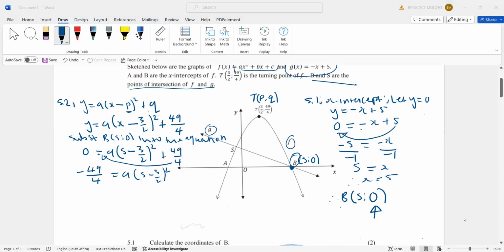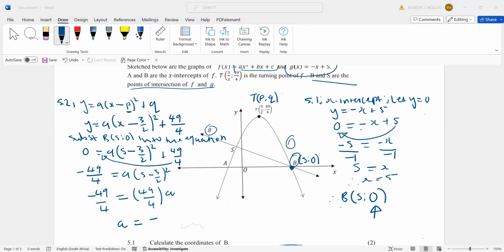Negative 49/4 equals a times 49/4. Then our a will be equal to negative. Then we use the calculator in terms of fractions.